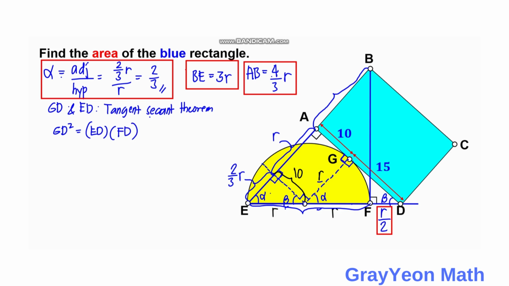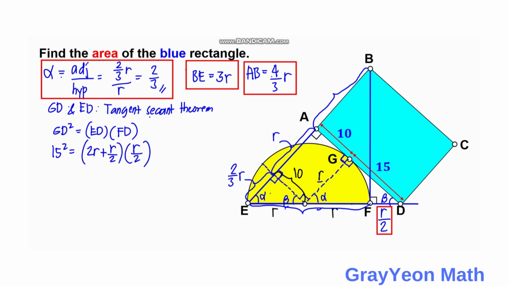So GD square is 15 square, and ED is 2R plus R over 2, and FD is equal to R over 2.